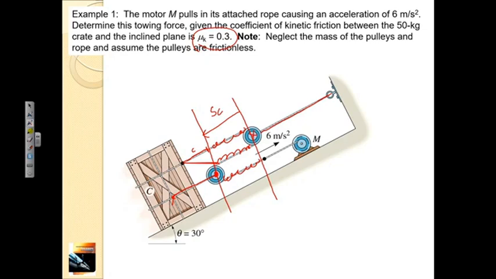Acceleration of the crate. So my L double dot, it's getting shorter by 6 meters per second squared. So the rope is losing length. That's equal to 3 times AC.